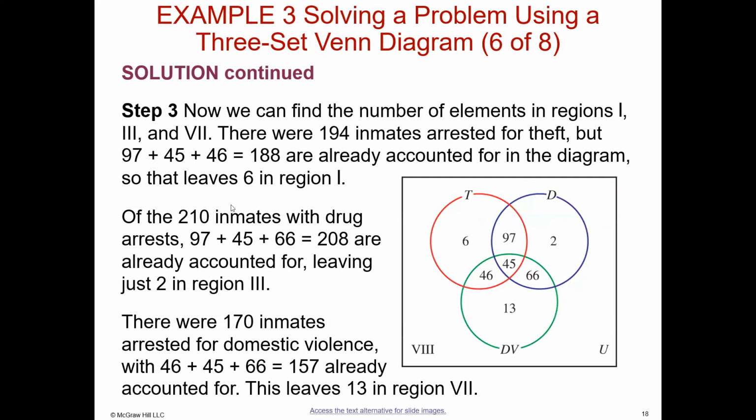So in region 7, does that give you 13? Yes. 170 subtract 157. 170 subtract 46 plus 45 plus 66 leaves us with 13. So that populates region 7 then, correct?